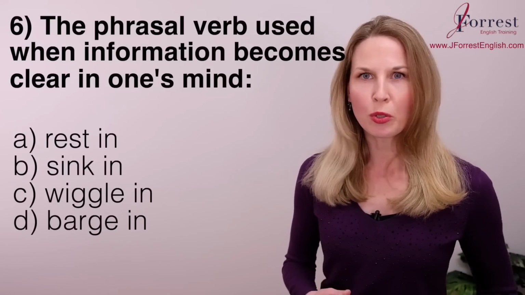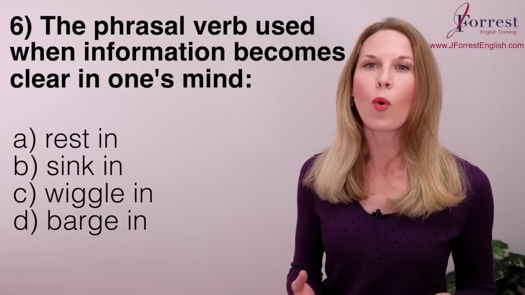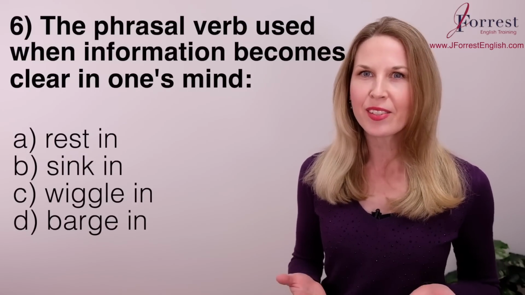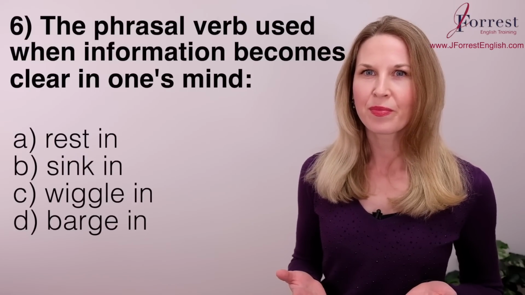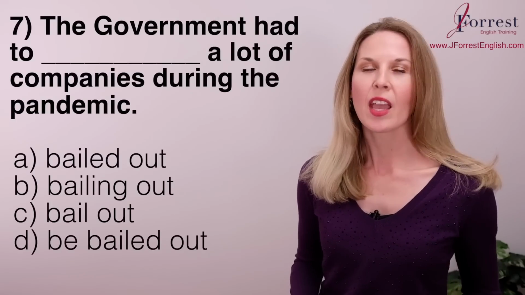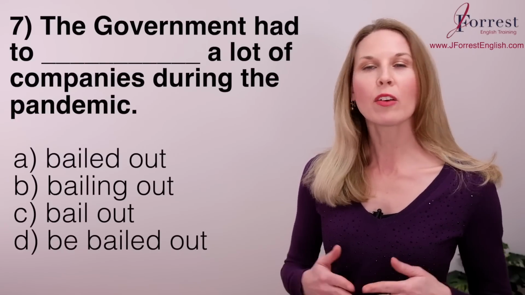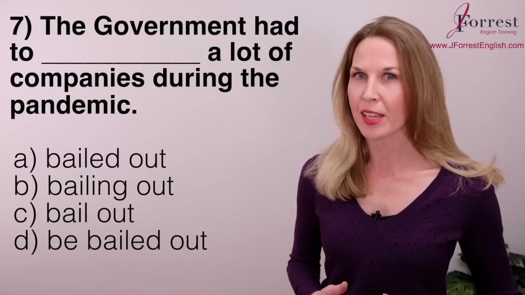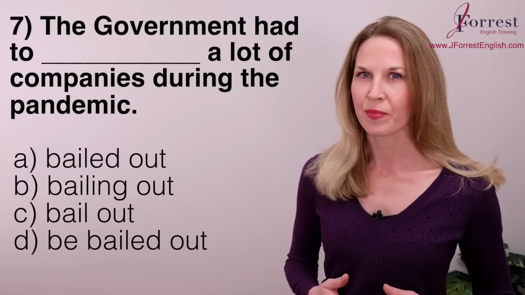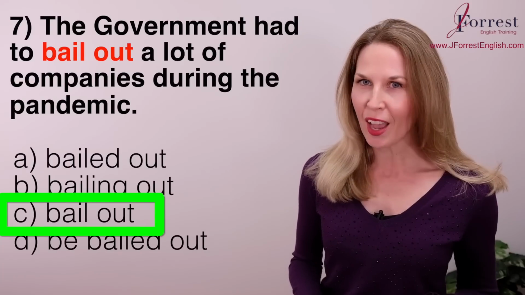Number 6, the phrasal verb used when information becomes clear in one's mind is to sink in. Question 7, the government had to a lot of companies during the pandemic. The government had to bail out.